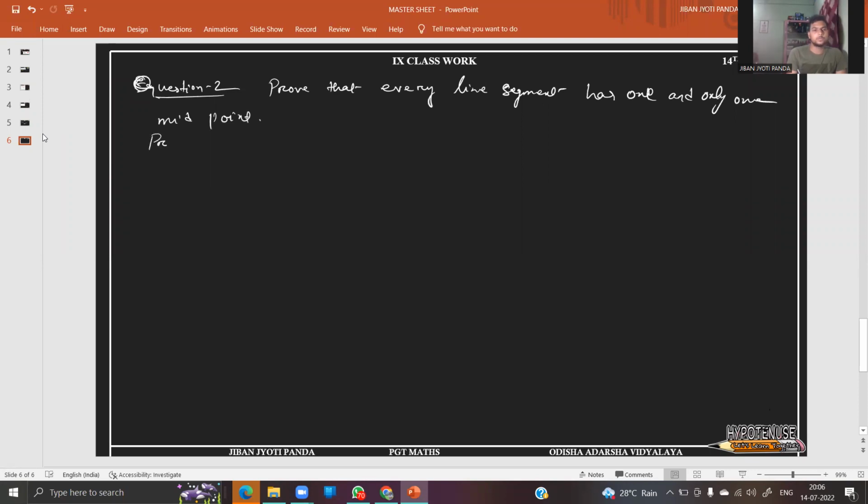So let us go for proof. While we are trying to prove this result, let us, if possible, let a line segment have two midpoints. So I am taking one line segment AB.